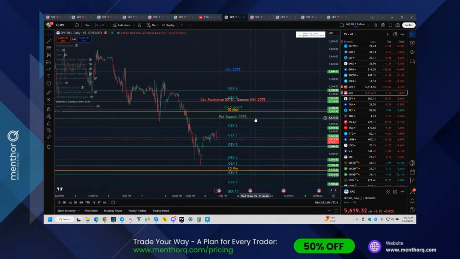And then, should we get over that, there's a confluence of in the money puts and out of the money calls right here in the 56.95, 5,700 area. Likely stuff people put on maybe yesterday at the open when we were at 5,700, or last week. It doesn't really matter when they got there. There they are.